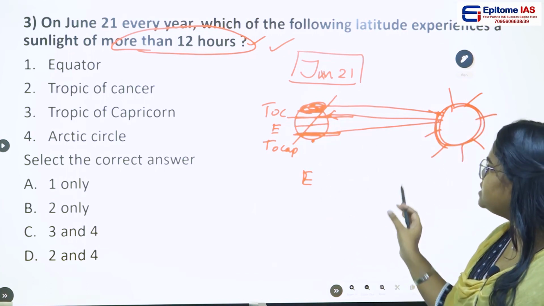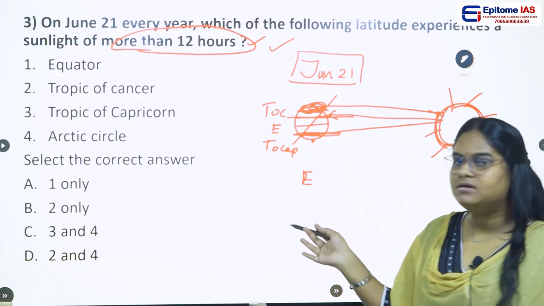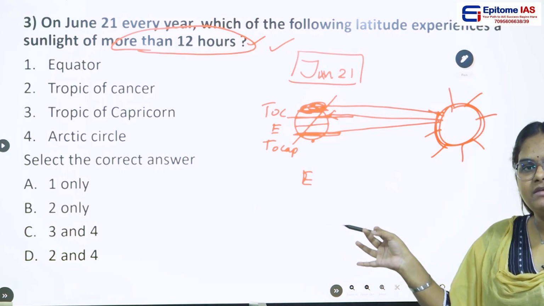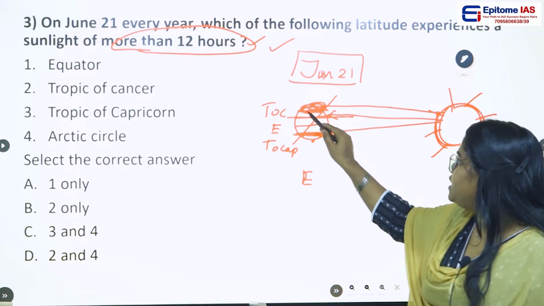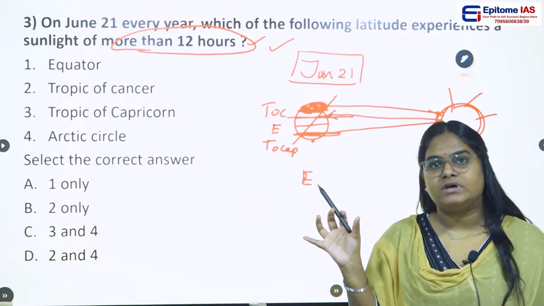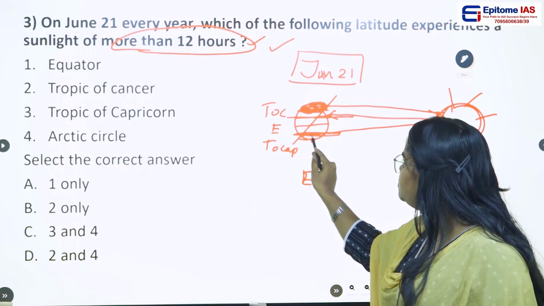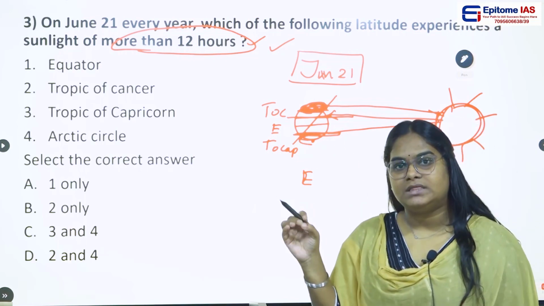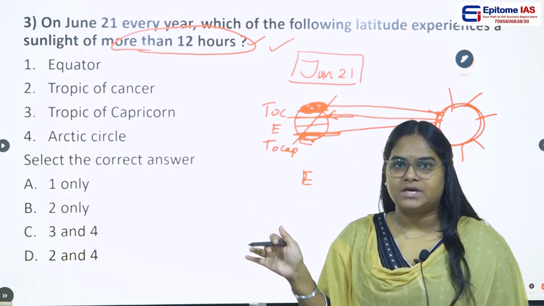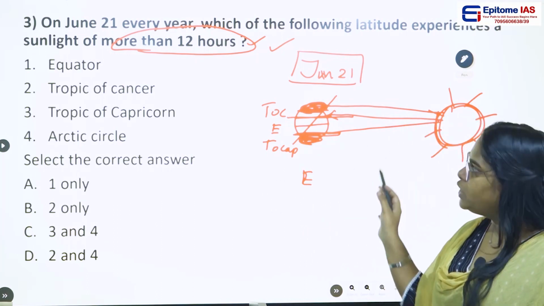The Arctic Circle will definitely have sunlight of more than 12 hours. Why? Because the North Pole is going to have daylight of 6 months. Simultaneously, the South Pole will have night of 6 months, and there is no sunlight for 6 months.